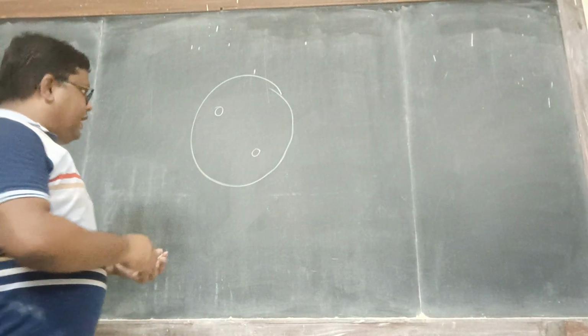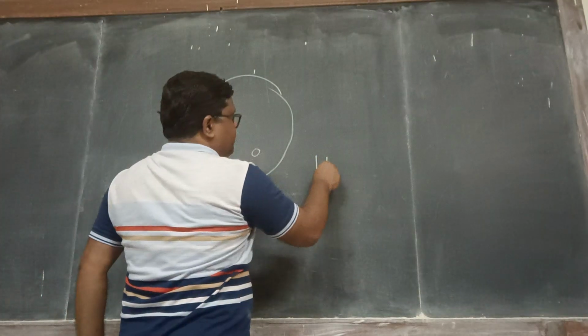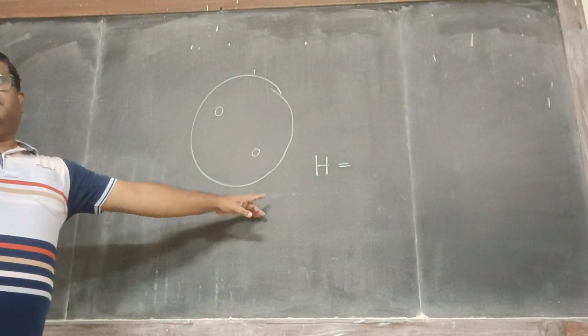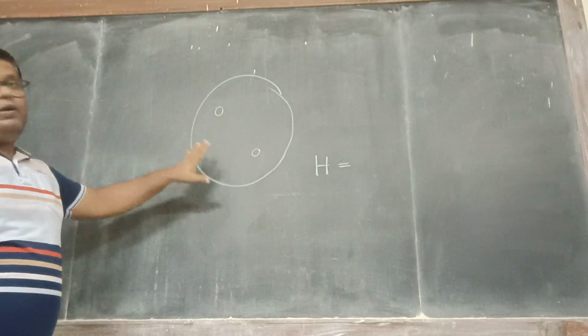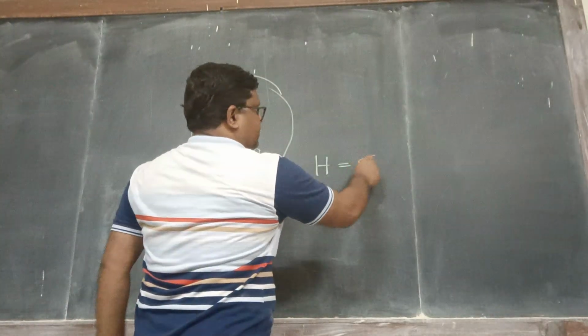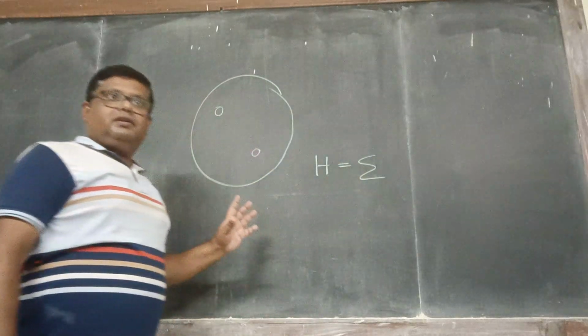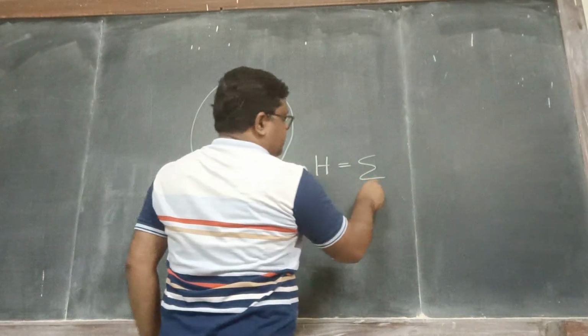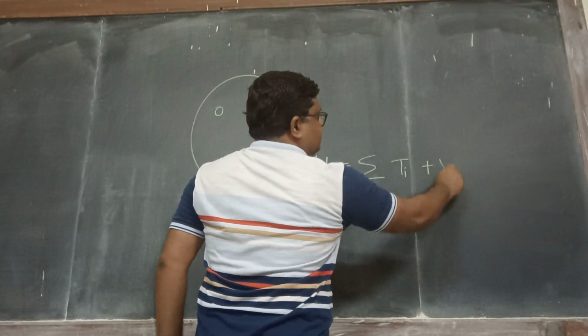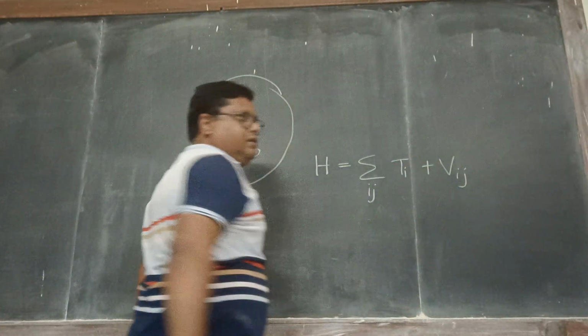Now if I am going to write the Hamiltonian of this entire quantum many body system, how do we write? Summation over i, j, qi qj, first pi plus Wij.